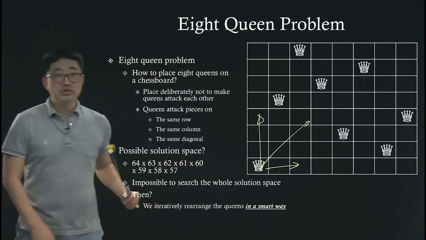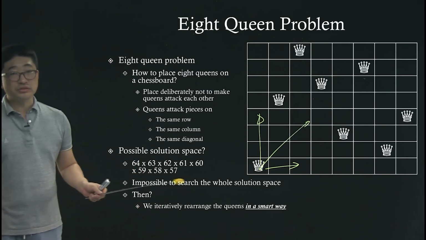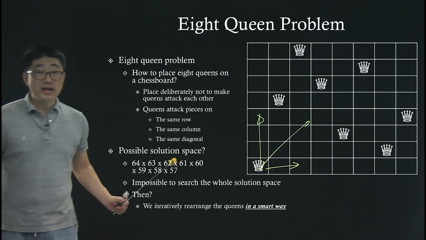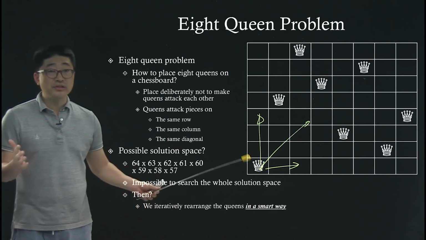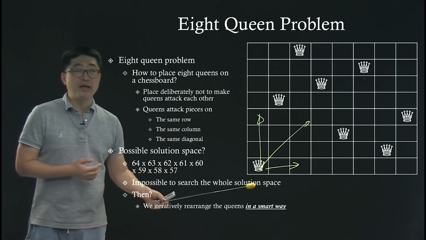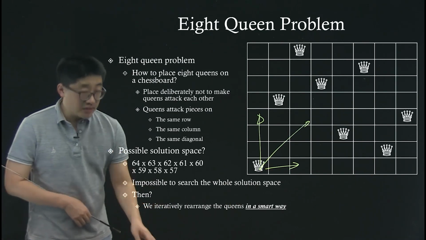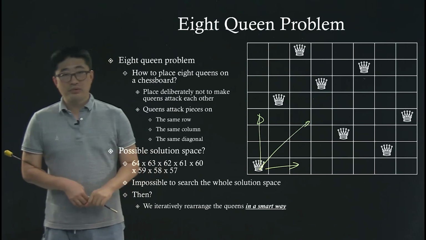So it is very difficult to search through the whole solution space. Instead, we iteratively rearrange the queens in a smart way, using heuristics. That's something we can do to solve the problem.